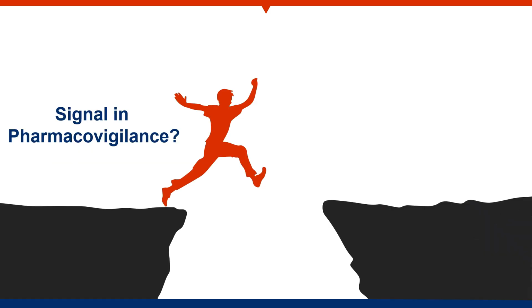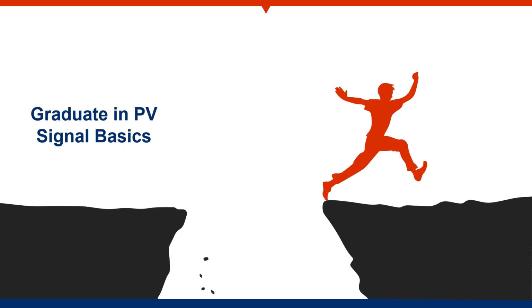As we wrap up today's session on the basics of PV signal, we've come a long way from asking, what is a signal in pharmacovigilance, to graduating with a solid understanding of the basic principles of signal in pharmacovigilance. Here's a quick recap of what we covered.